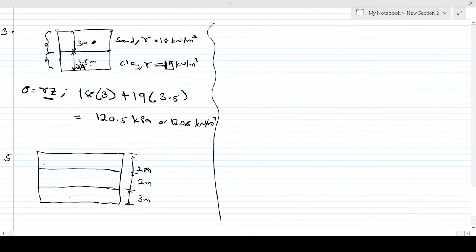We are being asked to determine the stresses at point A. We are also told that the soil here has a unit weight of 18 kilonewton per meter cube. The soil here has a saturated unit weight of 19 kilonewton per meter cube.